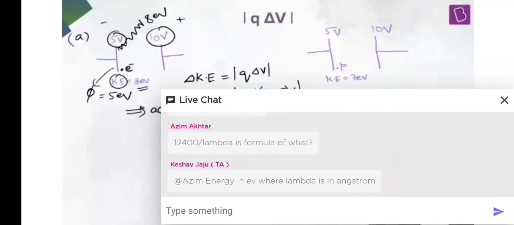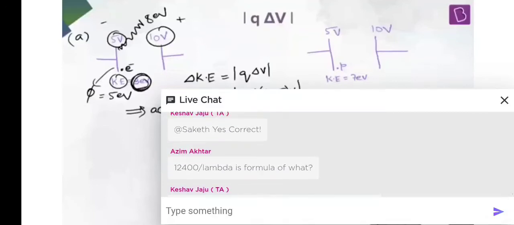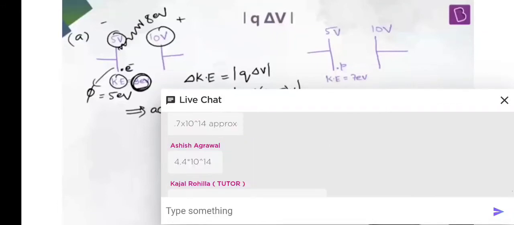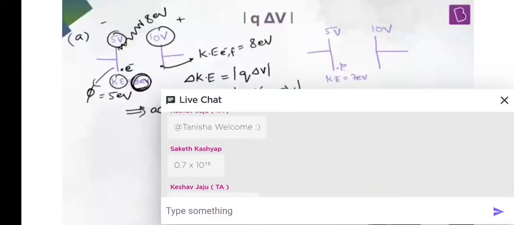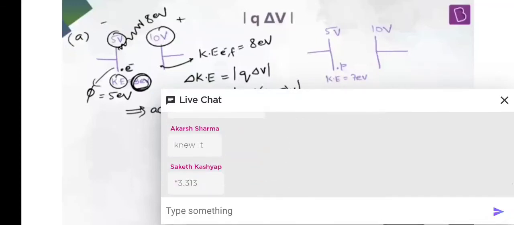So this is basically what? 5 volts. So it started with 3 electron volts, right? It had an increase, accelerated, increase of 5. So the kinetic energy of the electron over here will essentially be equal to what? 8 electron volts.